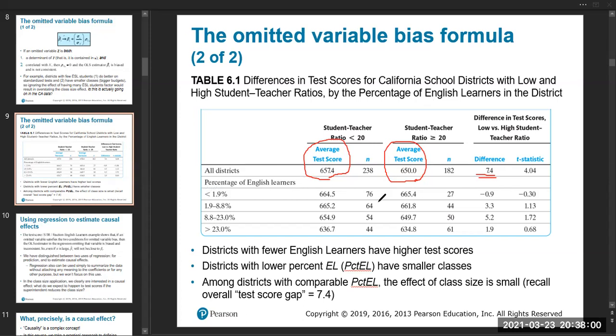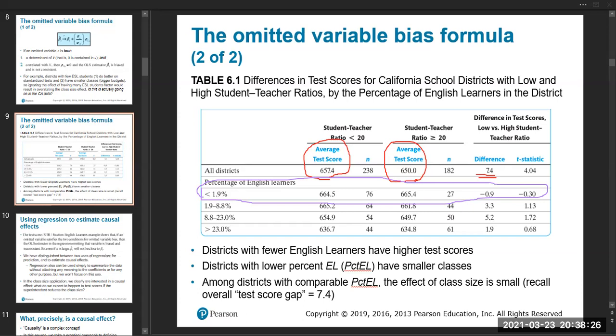So percentage of English learner means that if you have more English learners, then these people's English is poorer. So let's look at this part. Here, percentage of English learner is smaller than 1.9. We call them good English people or good English school districts.